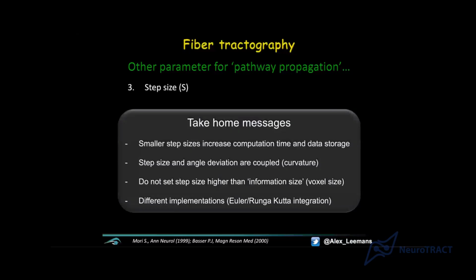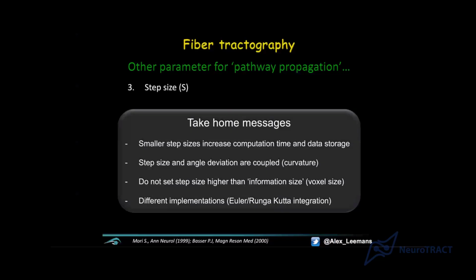We discussed angle deviation. Step size and angle deviation are kind of coupled. If you take a specific angle threshold, it will seem as if it's a larger angle threshold if you take smaller step sizes. So in a way, you need to look at a property like curvature, but in practice, you get the hang of what is a plausible turn in the brain pretty quickly.